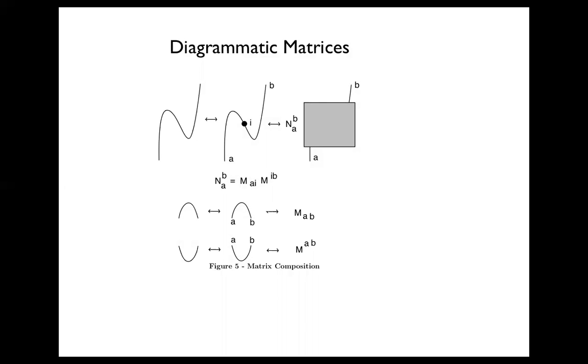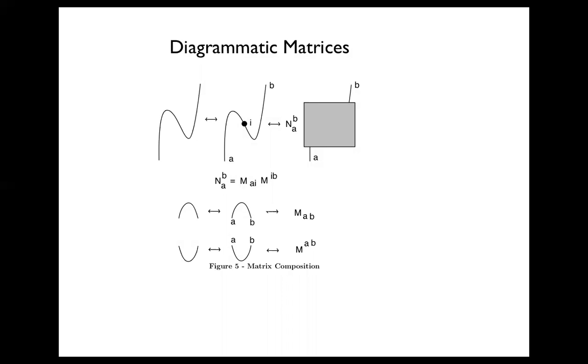I have an index for the ends, and I have an index where two things are joined, so that this represents an M_{ai} joined with an M^{ib}, upper because there are upper indices on the cup and lower indices on the cap.